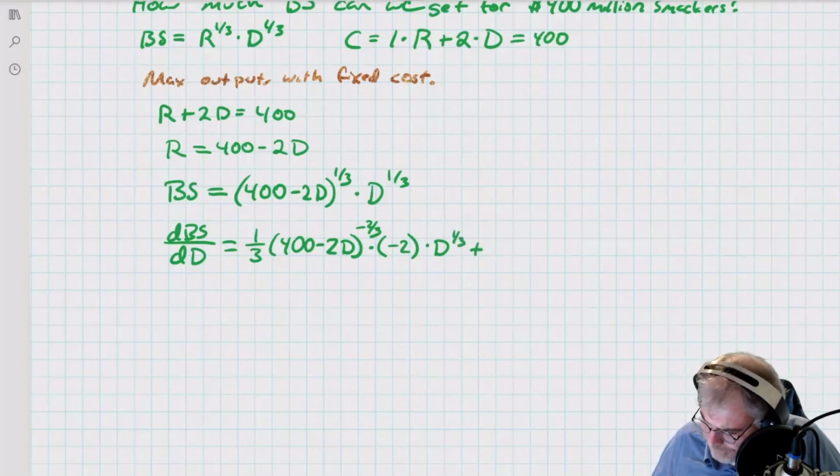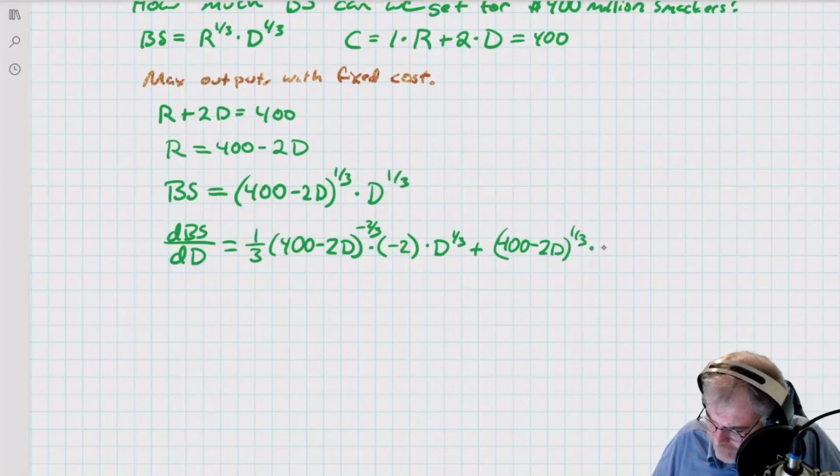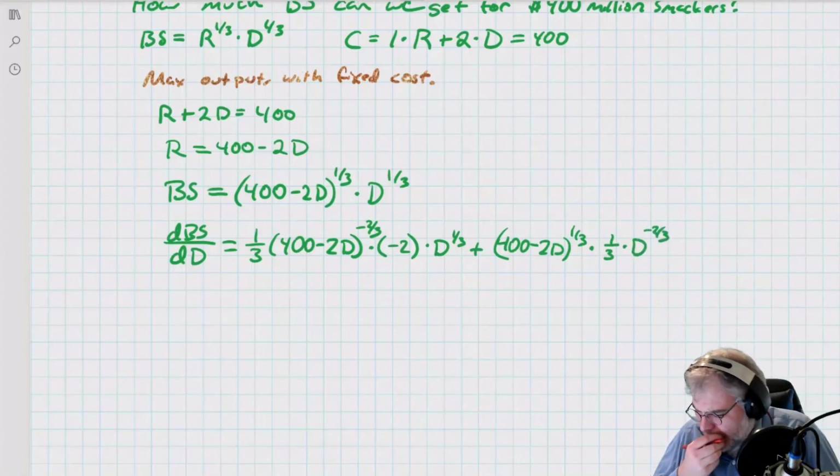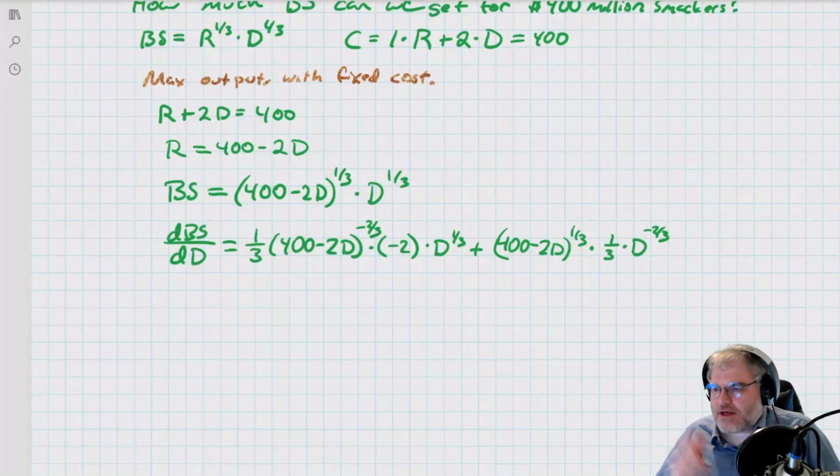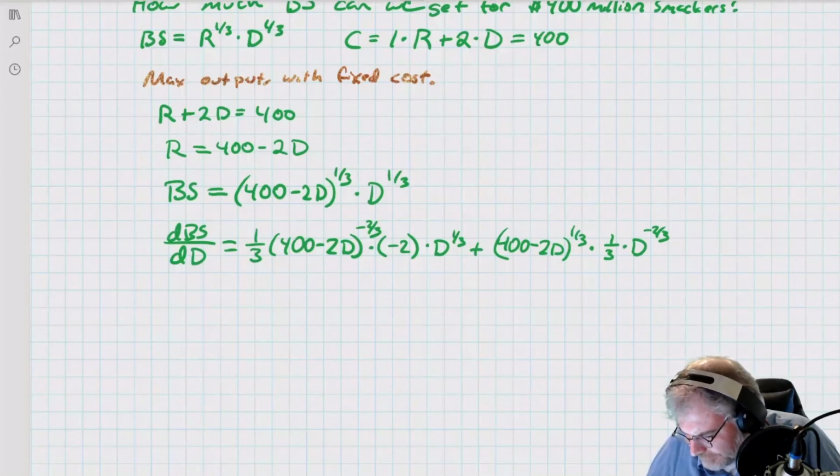Plus the first, 400 minus 2D to the 1/3, times the derivative of the second, which is 1/3 D to the -2/3. And I'm going to set that equal to 0. So 1 to 5, how do we feel about our little derivative there?